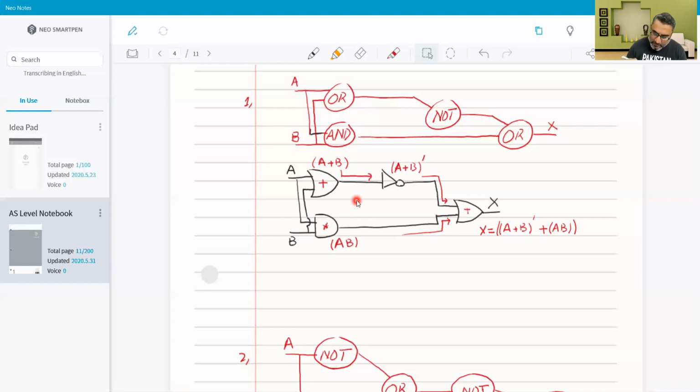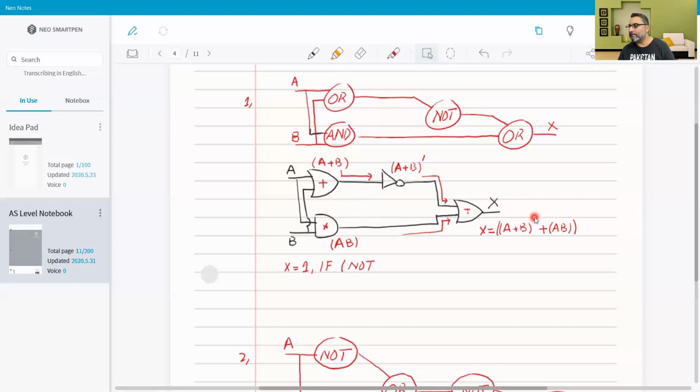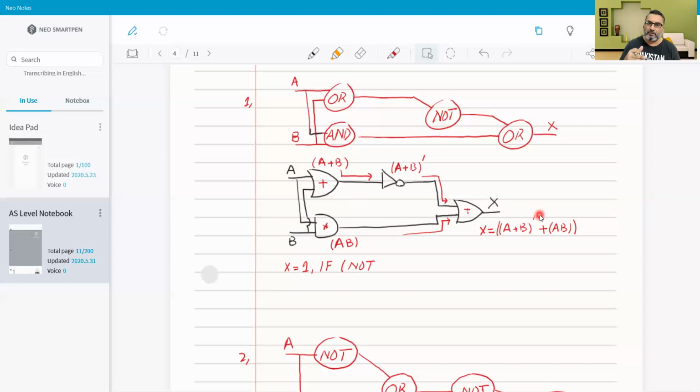depicting this graphical representation of the circuit in mathematical form. Now if we convert this to its Boolean expression, this will become X is equal to 1 if, brackets remain there, if not. As I said, this NOT over the bracket, when expressed in logical Boolean expression, will come first.